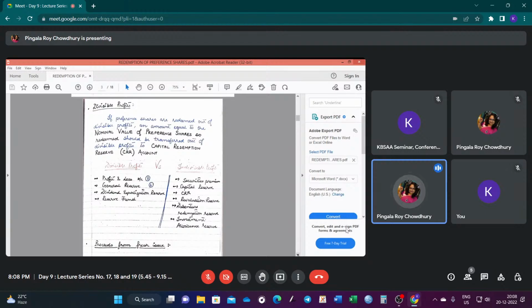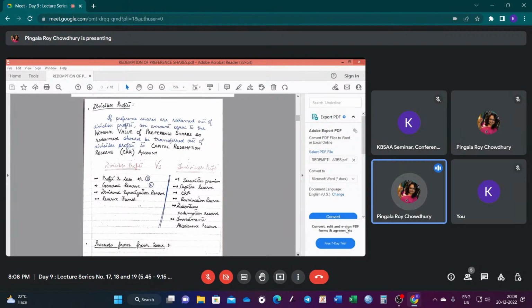Now, in 2022, the company is further redeeming another amount of preference shares. That means the balance sheet has an existing CRR amount, that is capital redemption reserve amount, but that CRR amount cannot be utilized to redeem the preference shares, because this reserve is something which you are creating for redemption and that cannot be utilized for further redemption.